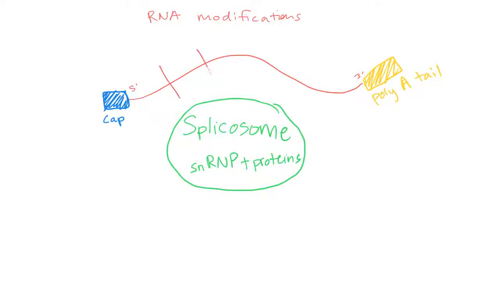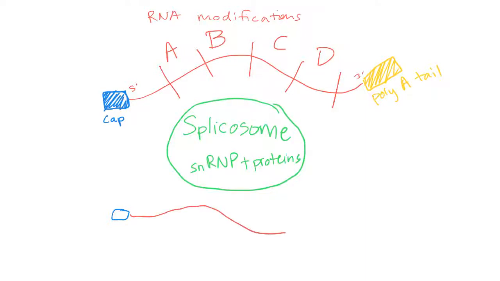So if we were to cut this up into 4 different pieces, like this, the spliceosome may then modify it. It would make it smaller, still have its tail and its cap, but then it would only have some of the sections that it originally had.